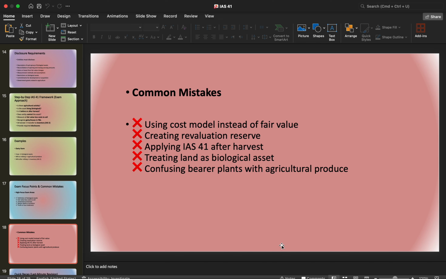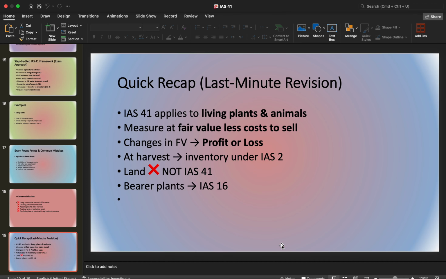IAS 41 will only be applied before or at the point of harvest, not after harvest. Treating land as biological asset, no, land should be treated under IAS 16 or IAS 40. Confusing bearer plants with agricultural produce. Bearer plants will not be covered under IAS 41.